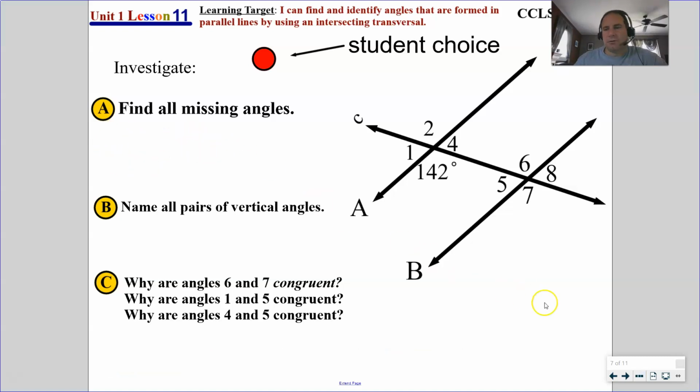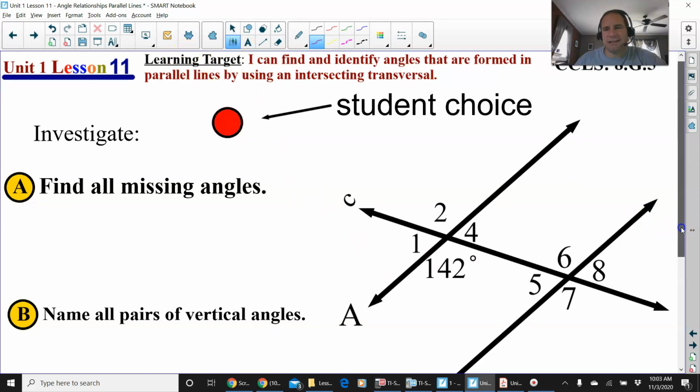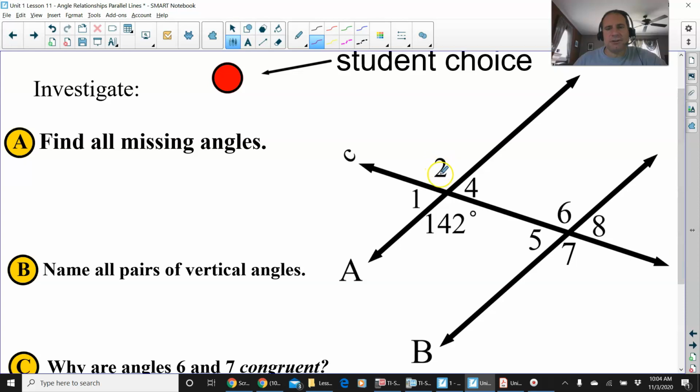Okay, so we have to find all of those missing angles. Pretty easy though. Again, you could use the crisscross method. I'm going to circle 2. I'm going to go to 142, circle it. I'm going to go crisscross to 6 and all obtuse angles. So that means 2 and 142, these are vertical angles.